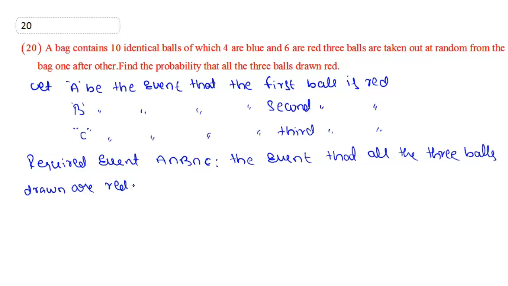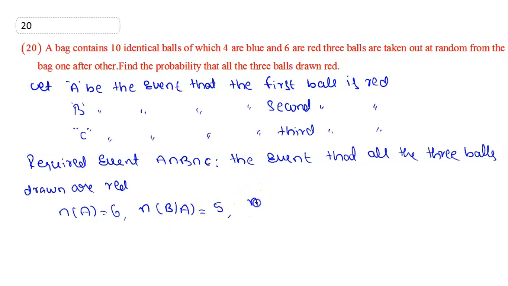So here first I am taking N of A. How many red balls are there? 6 are there. N of A is equal to 6. Next, N of B given A, second ball is taken now. Total 6 balls are there, one ball is taken. So N of B given A is 5.